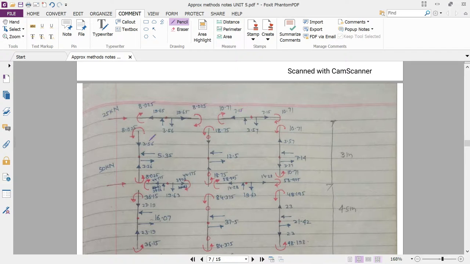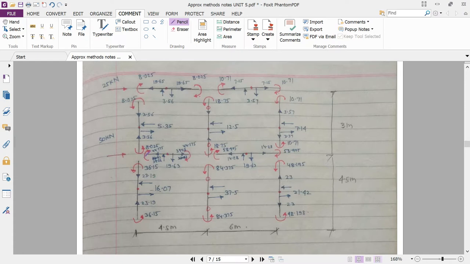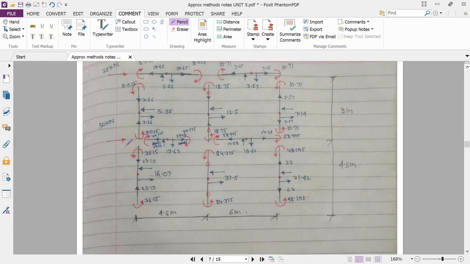Now here 3.56 is there, so you have to transfer this force here. 3.57, you have to transfer force here. Now 3.56 is going in the downward direction, 3.56 going in the upward direction. The summation of downward and upward here will be 0. So the axial force transferred in the column, at the mid column, will be 0. Now go to the next column, this portion.